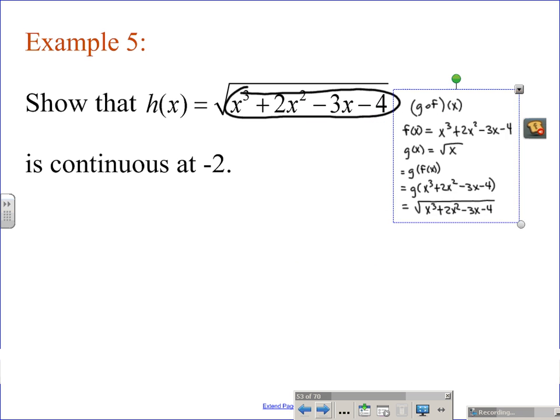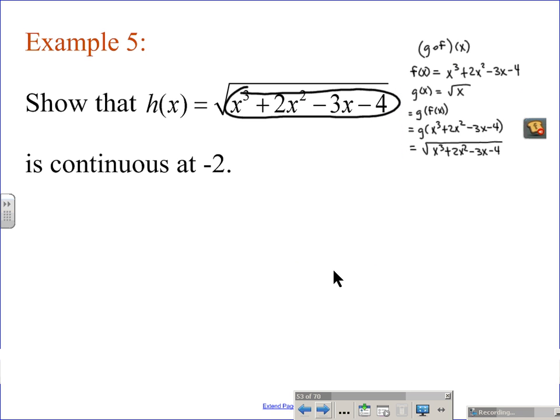Now, that's going to help us because we want to know if it's continuous at x equals -2. And that property says that first of all we need to find out if our interior one, which is our f of x, what's going on inside here, is continuous at this value.